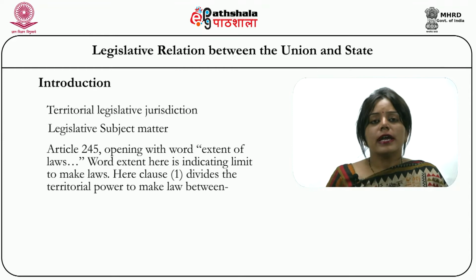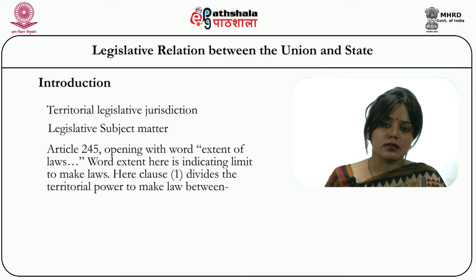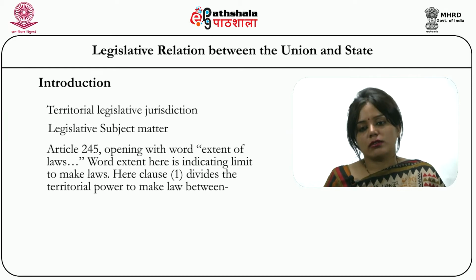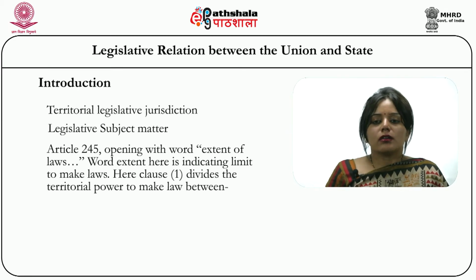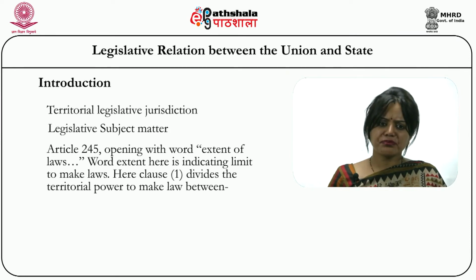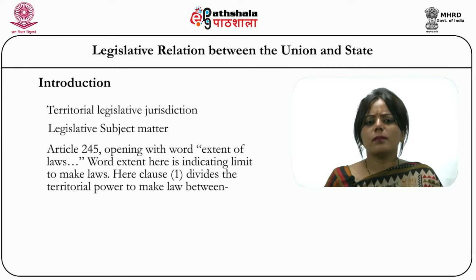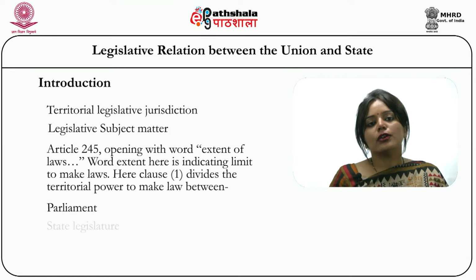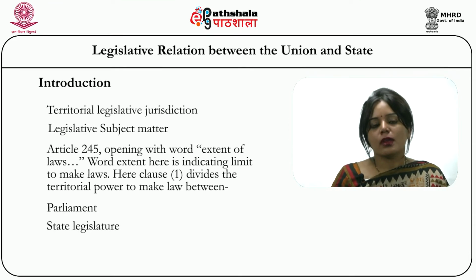The word extent here indicates the limit to make laws. Clause 1 of Article 245 divides the territorial power to make law between the Parliament and of course the state legislature.